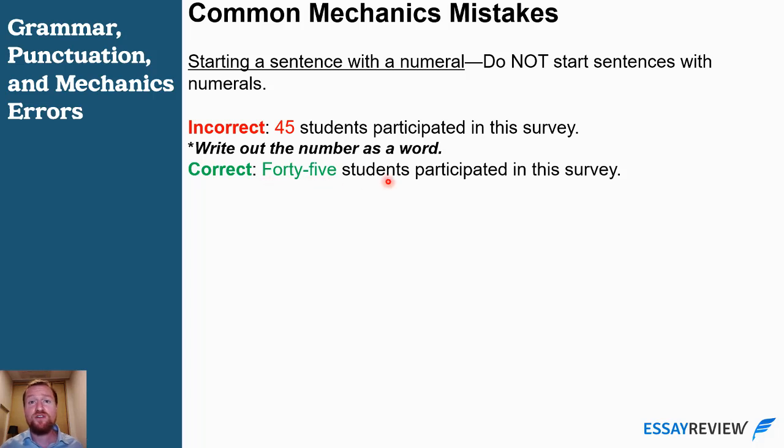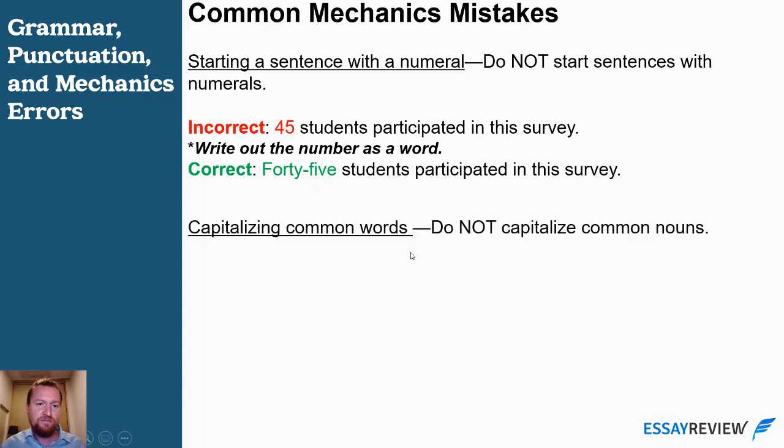If your word is longer than 2 letters, if it's 3 letters, or if it takes up too much space, it could be better to put this numeral in the middle of your sentence. So for example, there were 45 students participating in the survey. That could be better depending on the structure of the sentence, but never start the sentence like this.